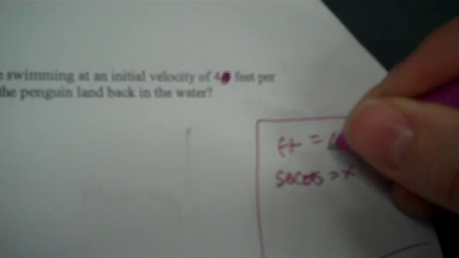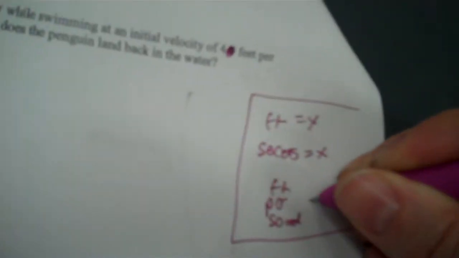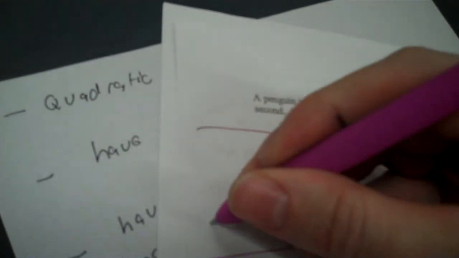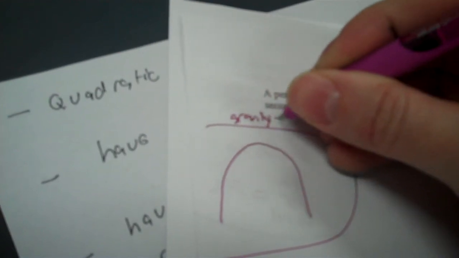Seconds is x, times always x, feet per second. Well, the feet per second is 4 feet per second. But the penguin doesn't just go forever. He's a fat guy. Gravity pulls him down. Gravity equals negative 16. Remember that. Okay. Put x to the second with that too.